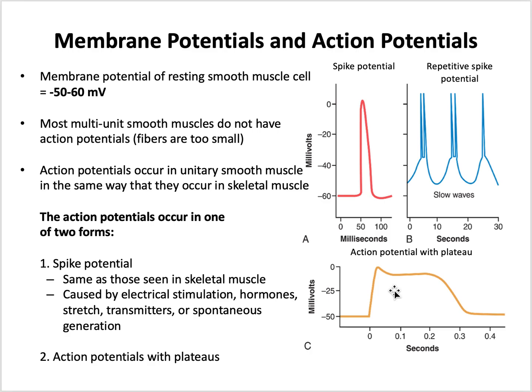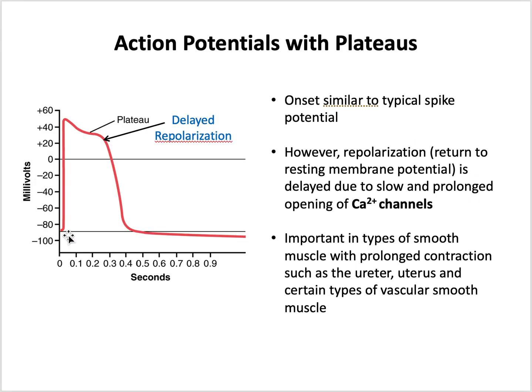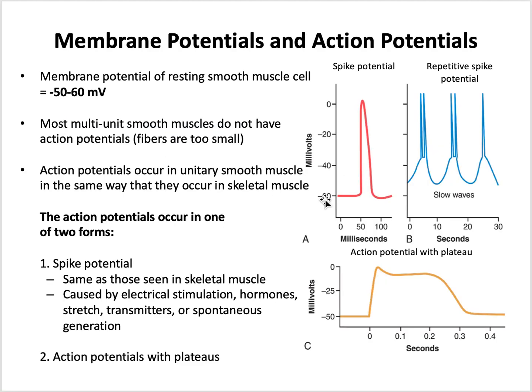The third type of action potential profile that you could see in smooth muscle is an action potential with a plateau. All right, so let's talk a little bit more about this plateau. All right, so the depolarization phase, that rise in positivity, is going to be similar to what you see here.